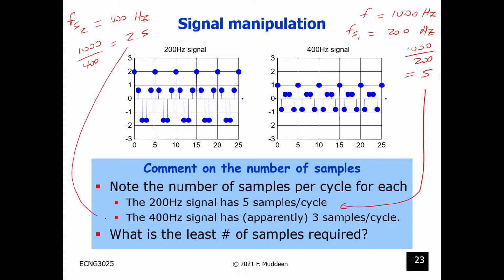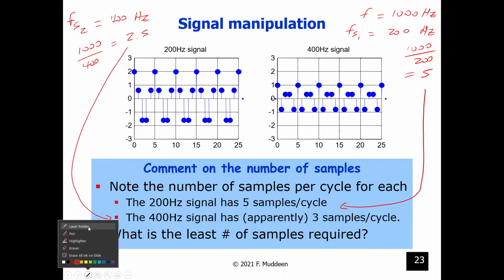And this maps back here to how many samples we can take approximately per cycle of that continuous time waveform. And because this is not an integer value, that's why we get something referred to as an irregular sampling period when we're trying to get back the original waveform as is.